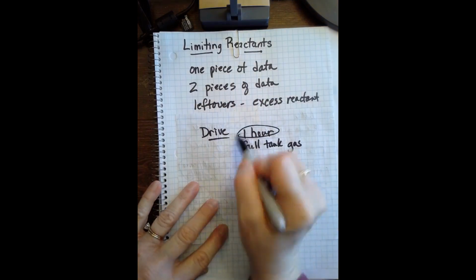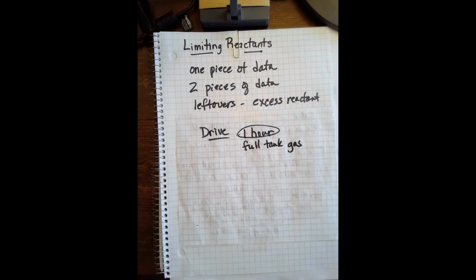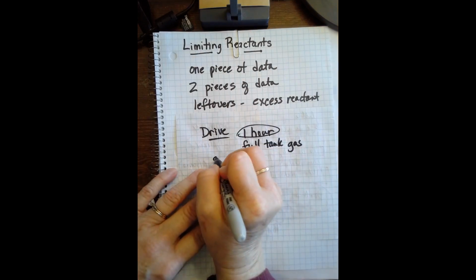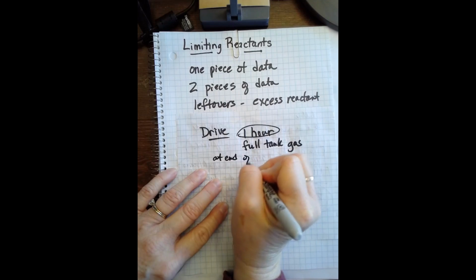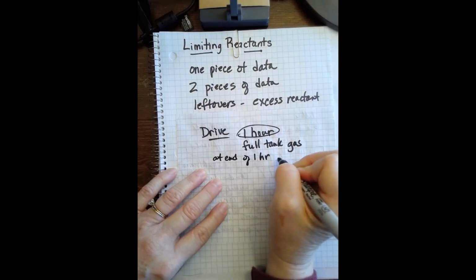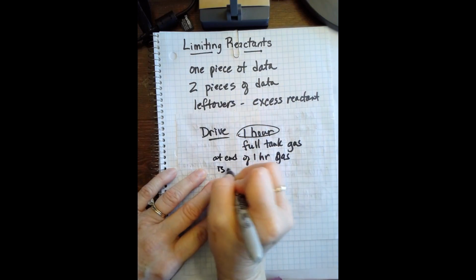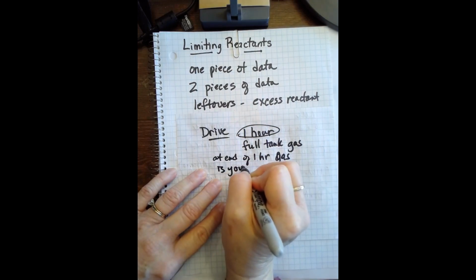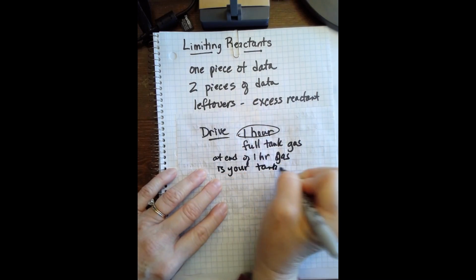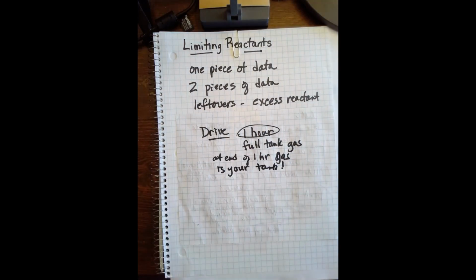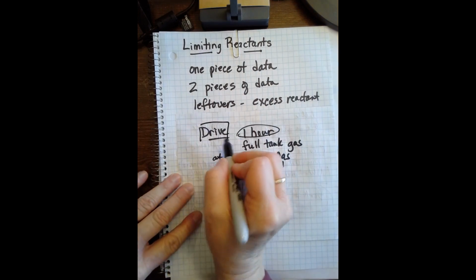Well, that's a no-brainer, right? 1 hour limits how far you can drive, because at the end of 1 hour, gas is still in your tank. So the full tank of gas is the excess reactant here. The 1 hour is the limiting reactant for how far you can drive.